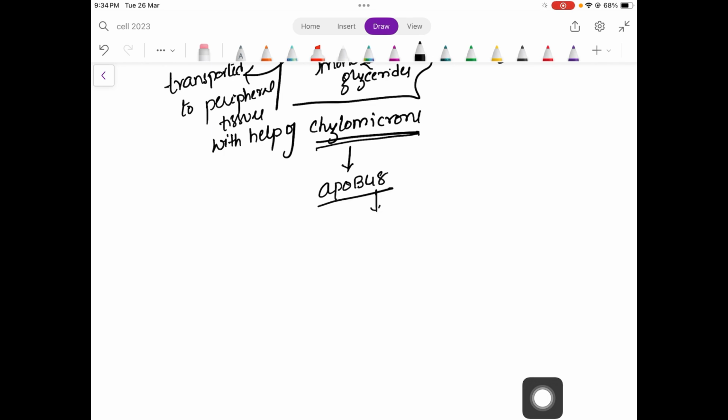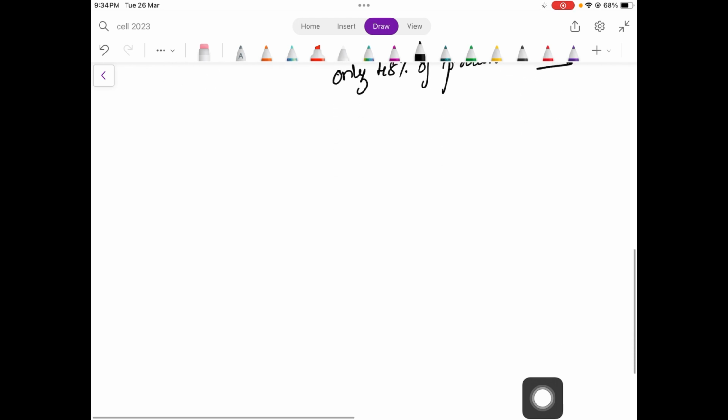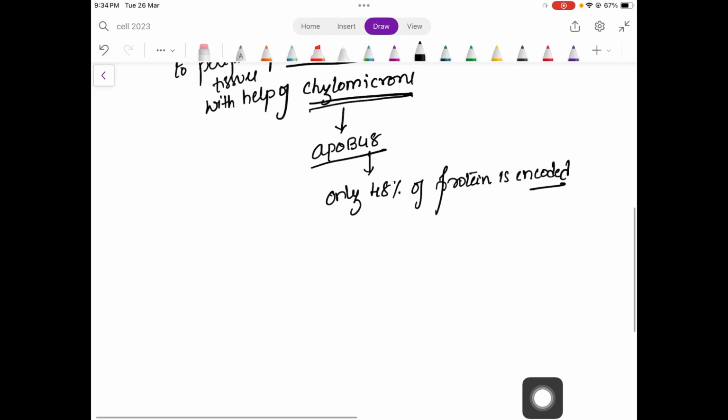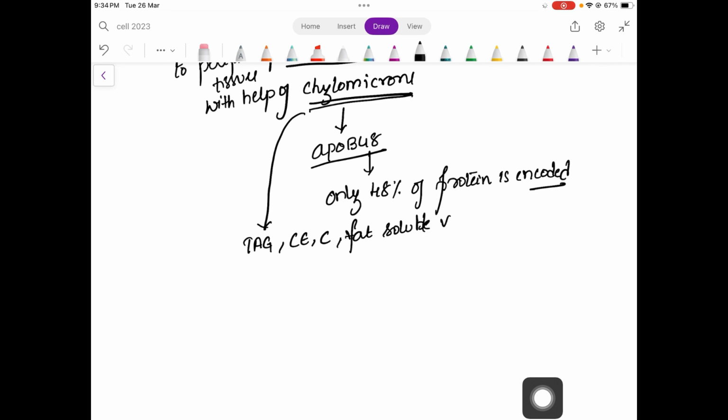Why are we calling it ApoB48? Because only 48% of the protein is encoded. Now these chylomicrons have to be assembled in the intestinal cell, and when they are assembled, they will carry triacylglycerol, cholesterol ester, cholesterol, and fat soluble vitamins.